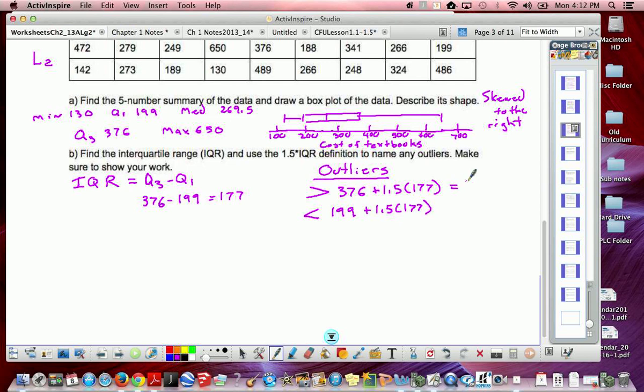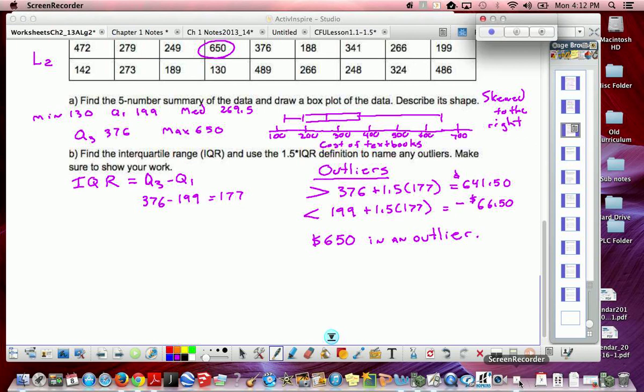So if I do those calculations, I get 641.50, and I get negative $66.50. Well, it doesn't make any sense to spend negative money on books, so we don't have any outliers on the lower bound. However, we do have the 650 that is above. So based on this criteria, $650 is an outlier. Okay, you can go ahead and stop the video and turn to the next one.